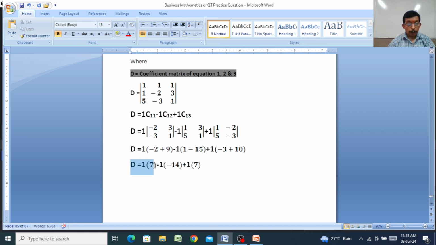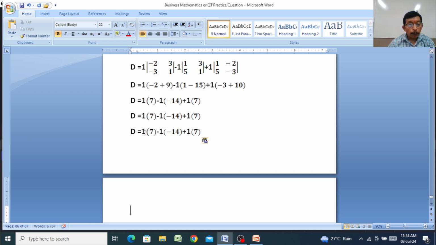Now simplify. One into 7, 7 into 7, the value is 7.